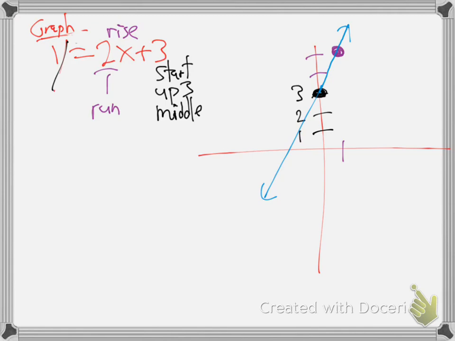We're going to need to do that in certain sections of the graph. That's what we're going to basically need to do. Let me give you one to try. How about graph y equals -3x plus 1.